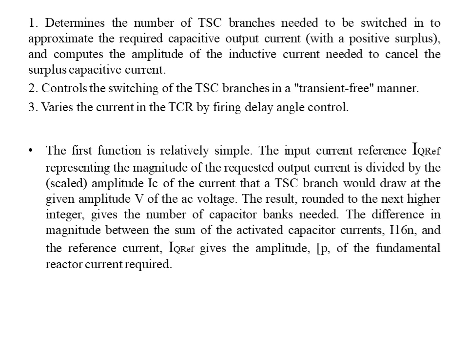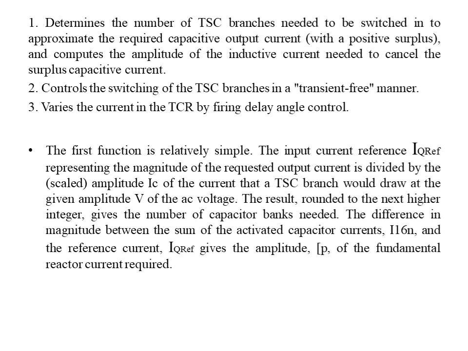The difference in magnitude between the sum of the active capacitive current, that is IC maximum (it is wrongly written as I16, it is nothing but IC maximum, make it correct over here), and the reference current IQ reference gives the amplitude of the fundamental reactor current required.